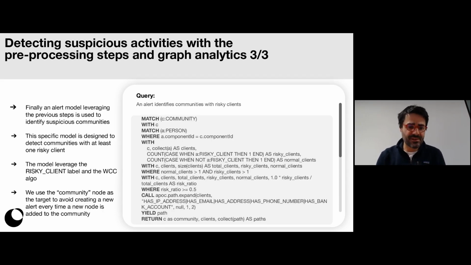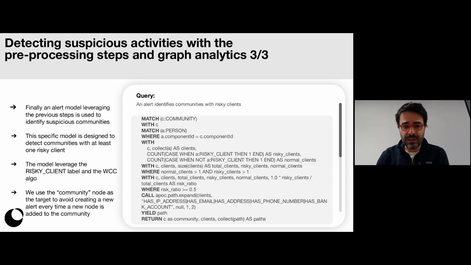And then all of this comes together in the final step where we are creating an alert model. This model leverages everything that we have done in the previous steps, and it's going to help identify suspicious communities, as in communities that contain multiple risky clients. So let's look at the alert. We are identifying communities, and then within these communities, we are counting the number of risky clients and normal clients.